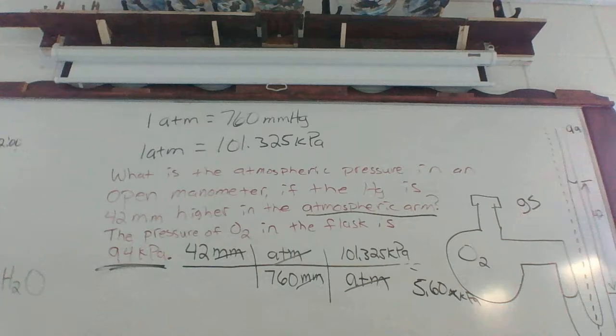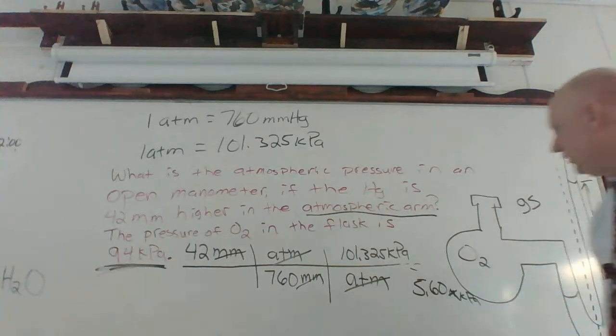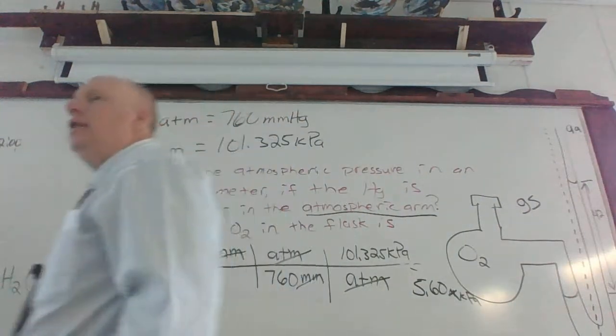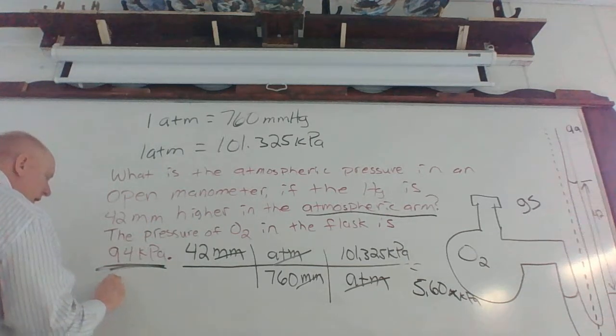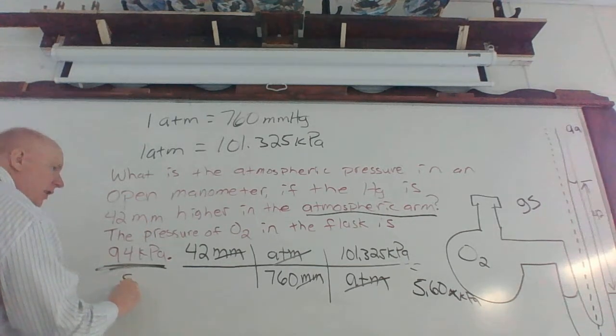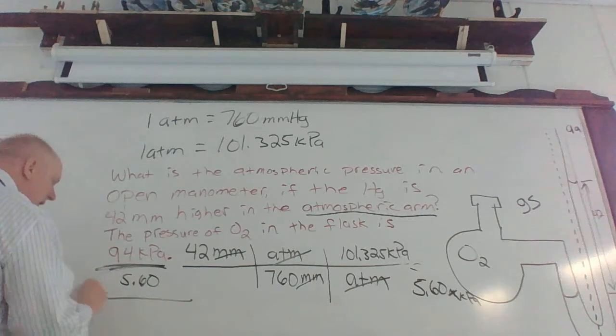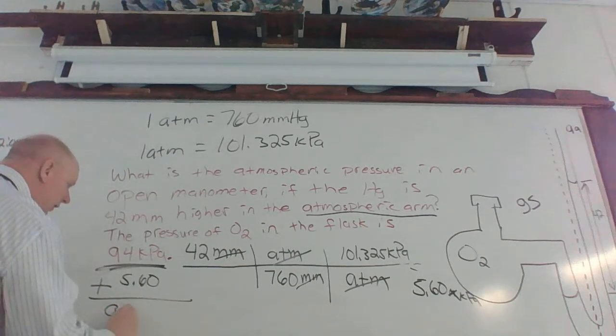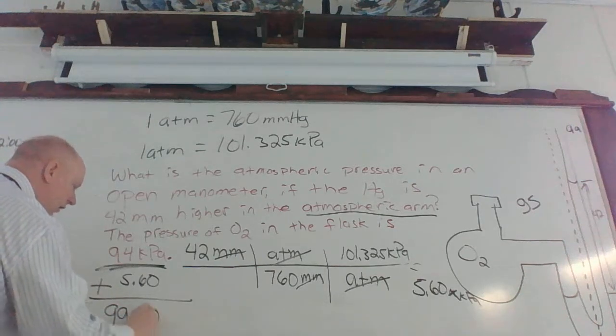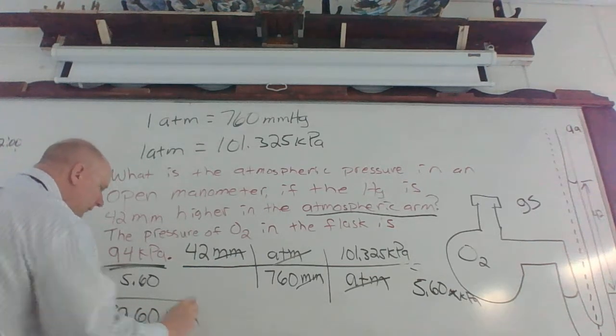So that gives us 99.6. That looks correct, which I do believe it is. So then your correction factor, because of this open manometer, we're taking this 5.60 and we add that because it's higher in the atmospheric arm, 99.60 kilopascals.